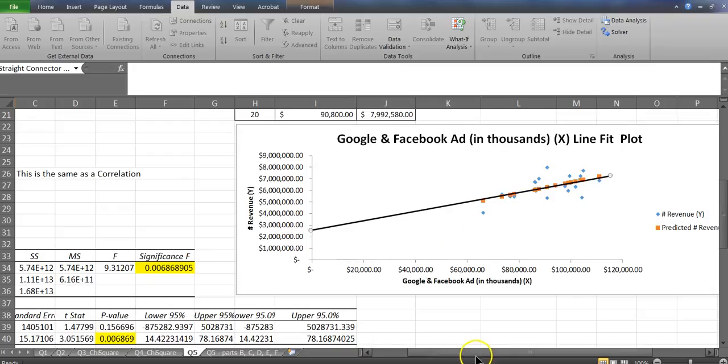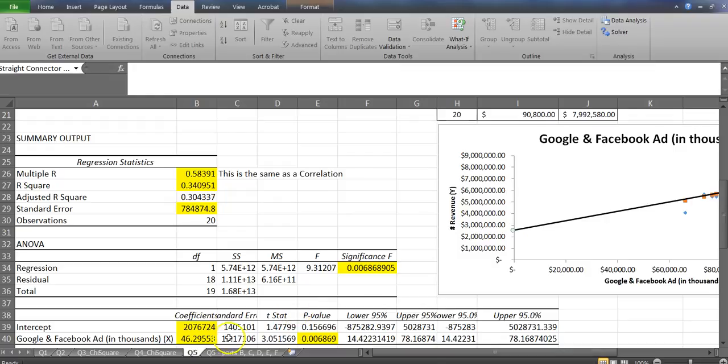So you can see right where that 2 million mark would be, it's going to hit right about there. So it's an extrapolation. But yeah, you don't need to do the scatter plot separately.